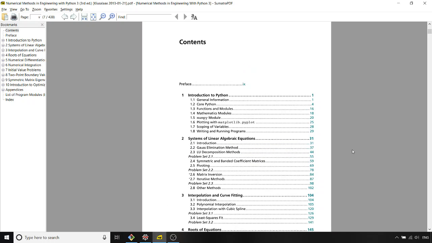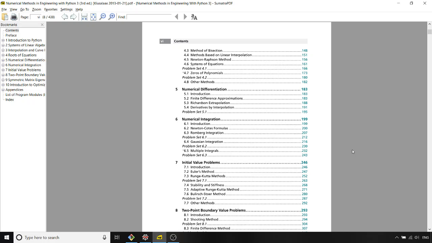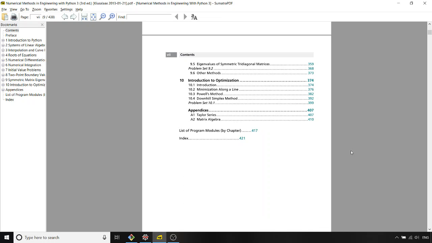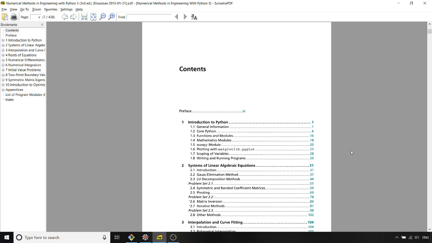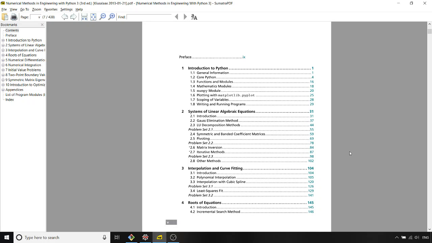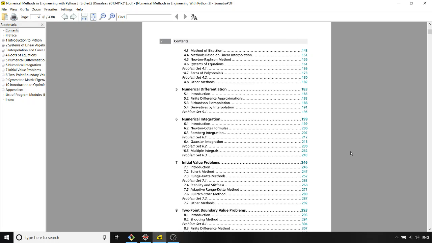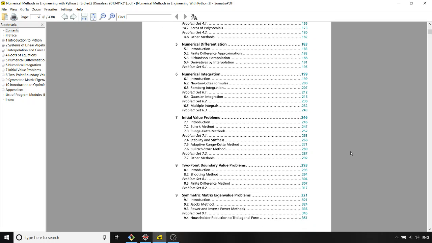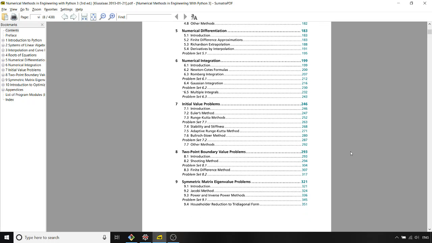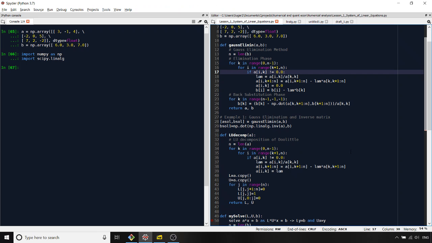I plan to cover all of this book, and I also plan to use other books which will supplement and enrich the content of the course, so that after watching all these lectures, you will be very deeply familiar with all the numerical methods and basic implementations of them in Python. So let's go to the code and see how it works.